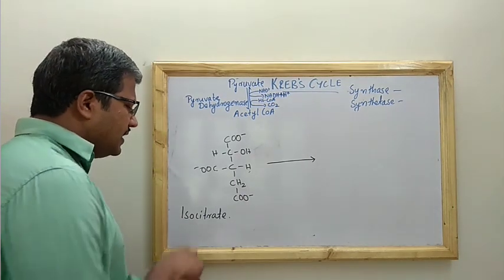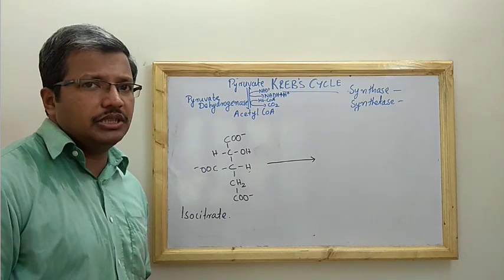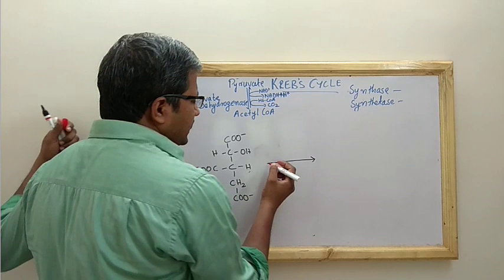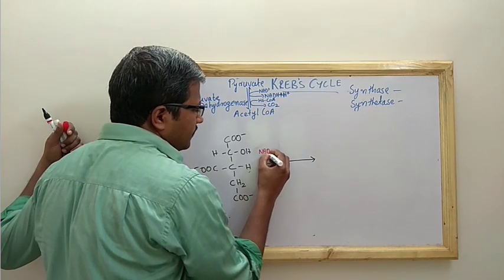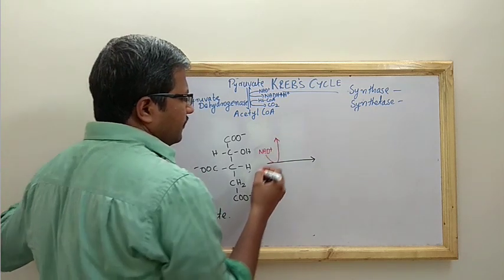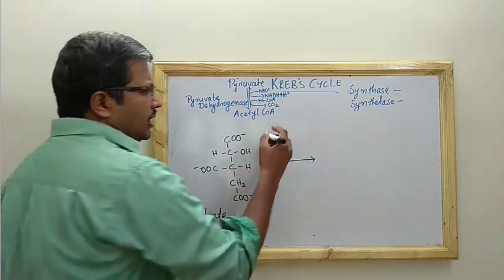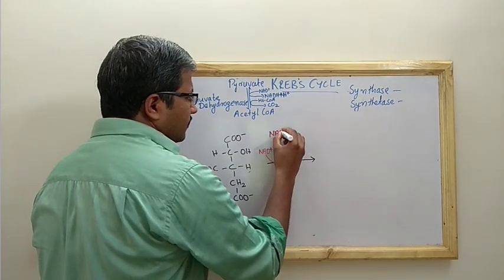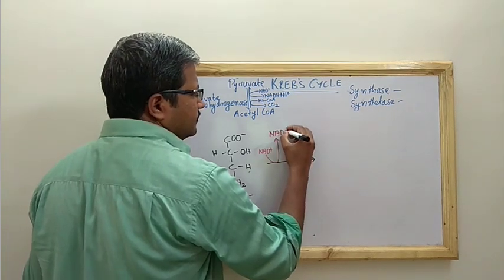So we can see here isocitrate is undergoing oxidative decarboxylation. The first step is oxidation. As a result of oxidation, NAD plus is undergoing reduction by oxidizing isocitrate, forming NADH plus H plus.